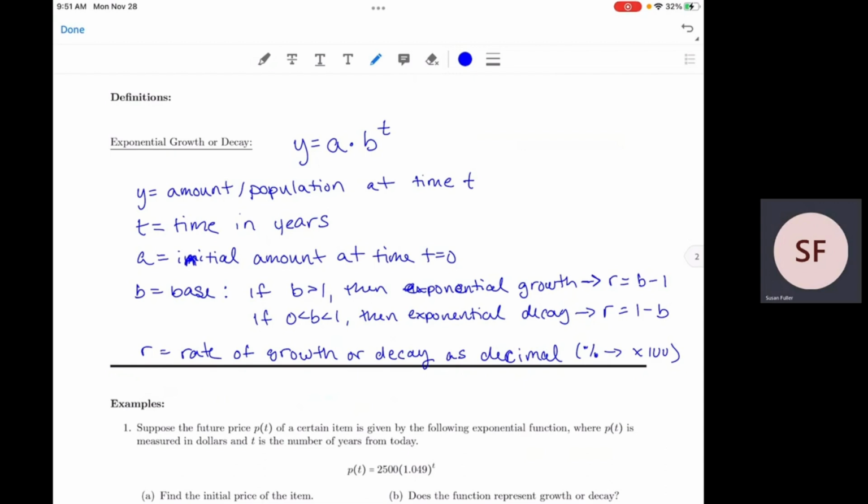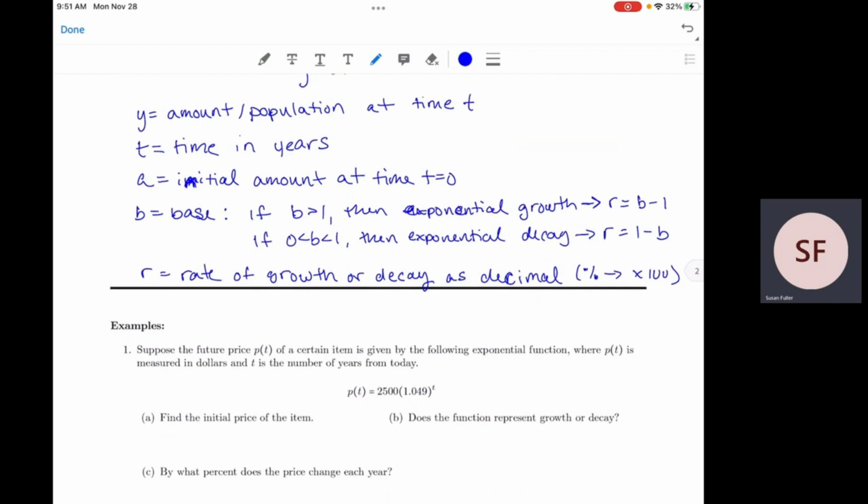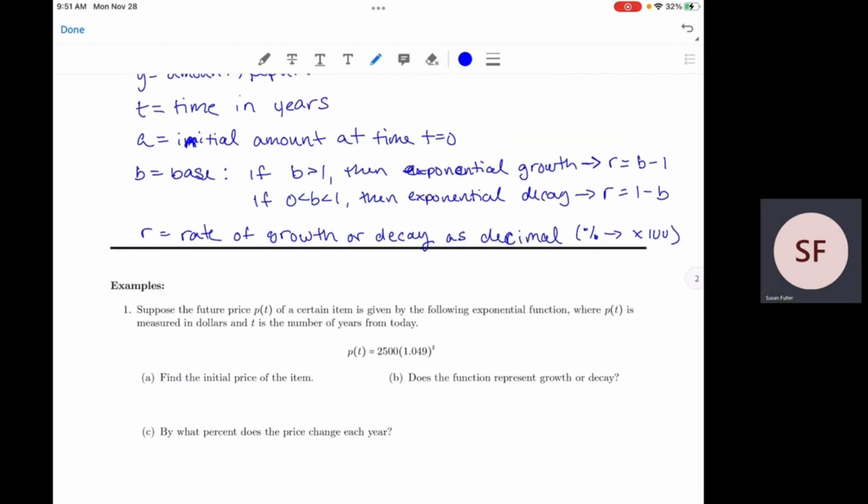Okay, so let's practice with this. The way that we're going to be working with this formula is with problems that look like this. Suppose the future price P of t of a certain item is given by the following exponential function, where P of t is measured in dollars and t is the number of years from today.